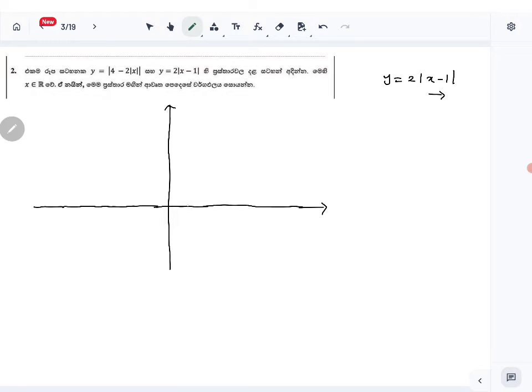So your vertex is at 1 for this one. Then let's find the value when x equals 0. When x equals 0, y equals 2. So let's mark y equals 2. Then it's the V-shaped graph. So draw that.